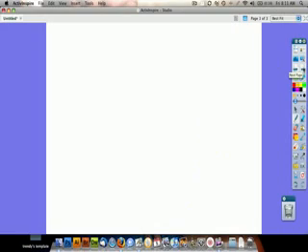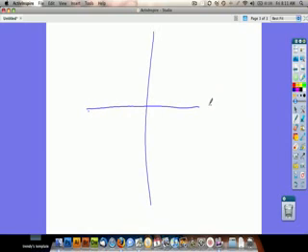So we're talking about XY axes, right? Okay. Coordinate plane geometry. Now, how would we name a triangle in coordinate plane geometry? How do you create a triangle in GeoGebra?